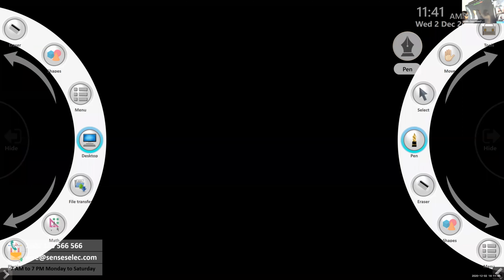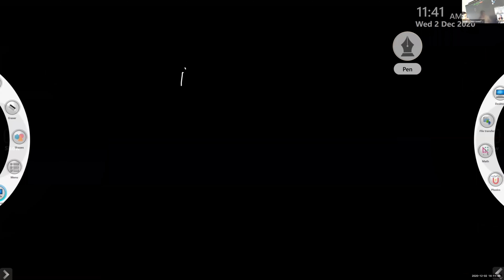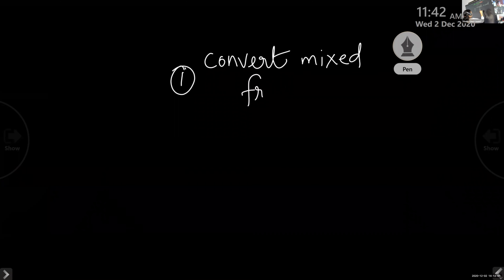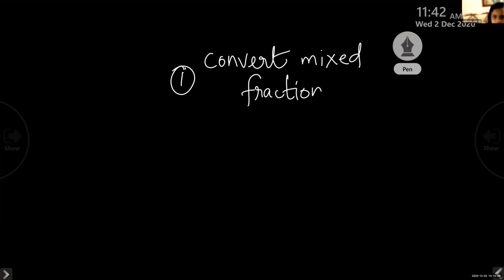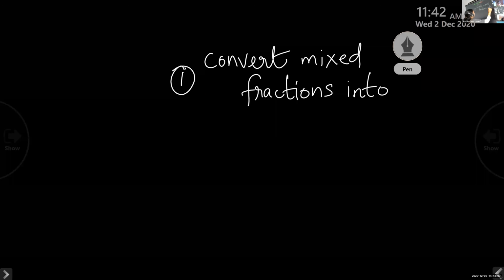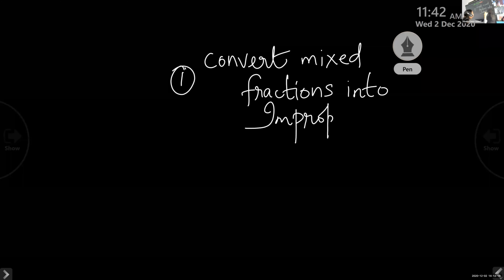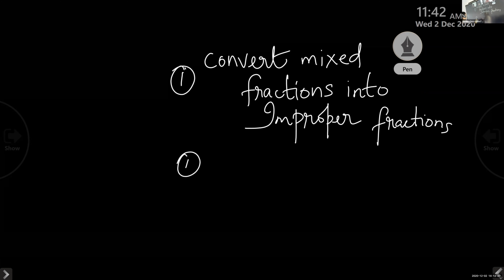Question number 1: convert mixed fraction into improper fraction. We can write 6 and 2/4.